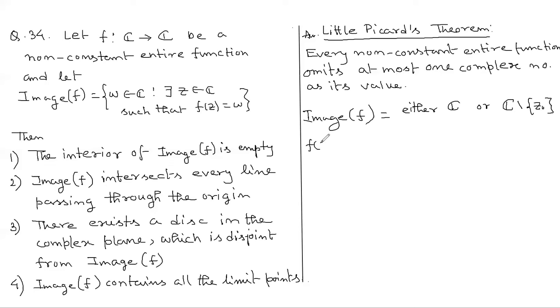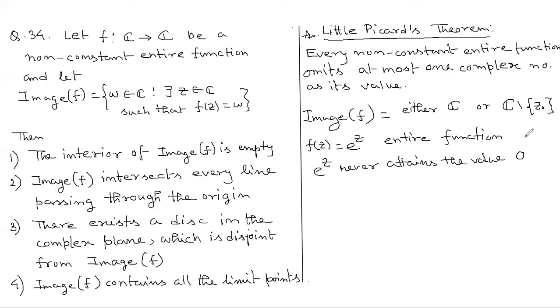So for example, if we take f(z) equal to e^z, which is an entire function, e^z is analytic in the entire complex plane. Now e^z never attains the value 0. So that is why we say 0 is an exceptional value of e^z. So the image of e^z, or range of e^z, is C minus 0, except the point 0.